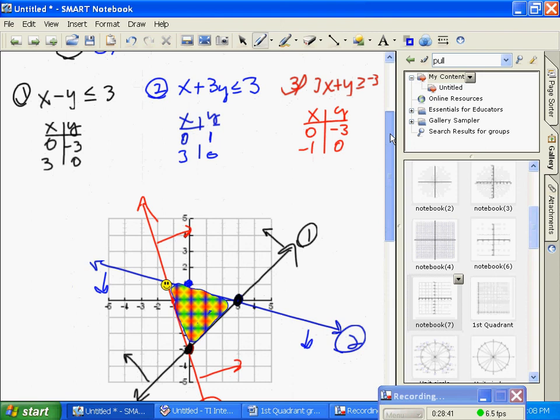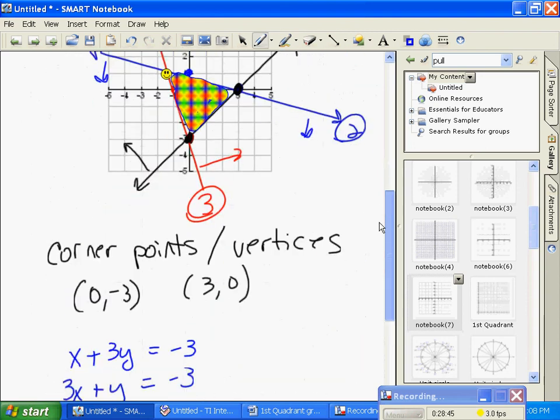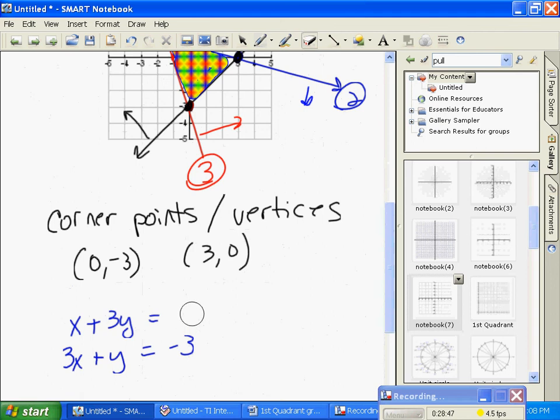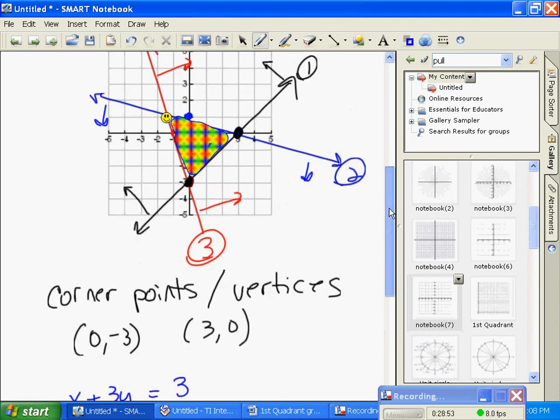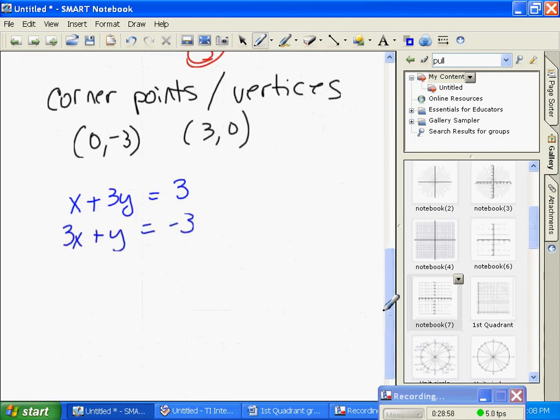Equation 2, x plus 3y equal to a positive 3. I was thinking those didn't look right. And then 3x plus y, maybe double check that one. 3x plus y is equal to -3. Okay, now it's looking better.